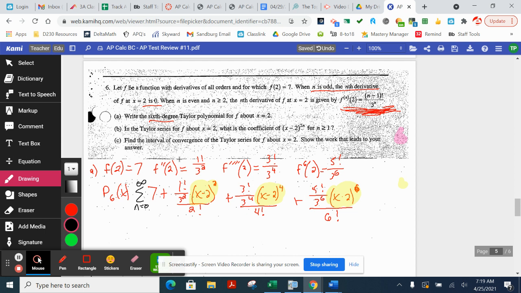If n is a 1, shouldn't we be getting 2 times 1, which is 2, which we do? And then if n is a 2, notice how we get a 4. And if n is a 3, this exponent is a 6. So the things that I have highlighted in yellow, those are the x minus 2 to the 2n terms.